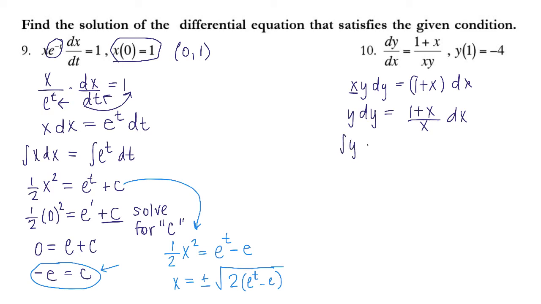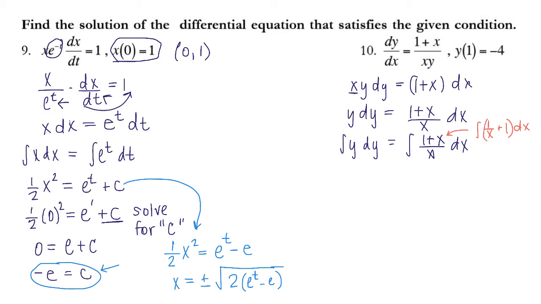Now we're ready to integrate both sides. So I'm going to integrate y dy, and we're going to integrate 1 plus x all over x dx. And let's see, this integral over here on this other side, this is going to be one of those where we divide it up. You need to think of that as the integral of 1 over x plus 1 dx. That's going to be a good way to think of it.